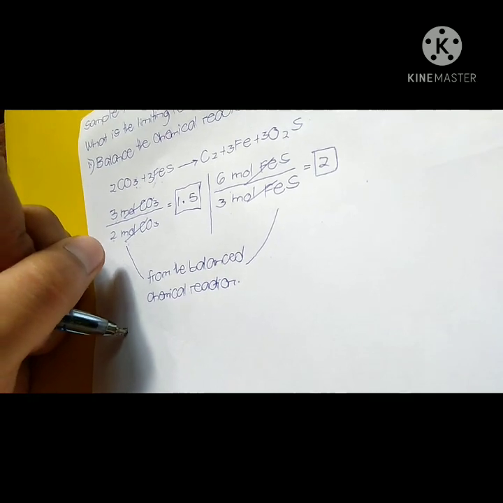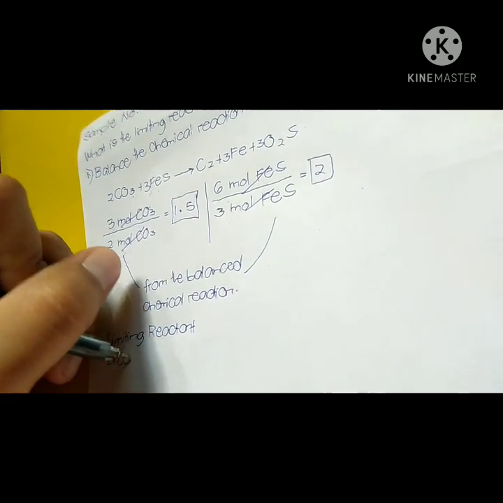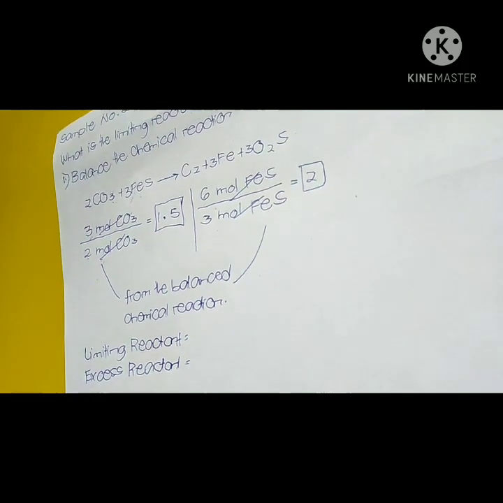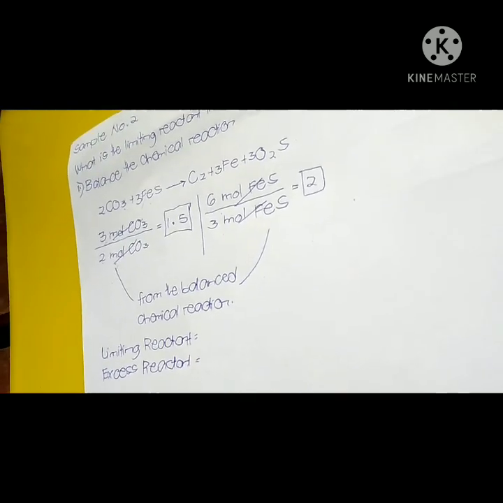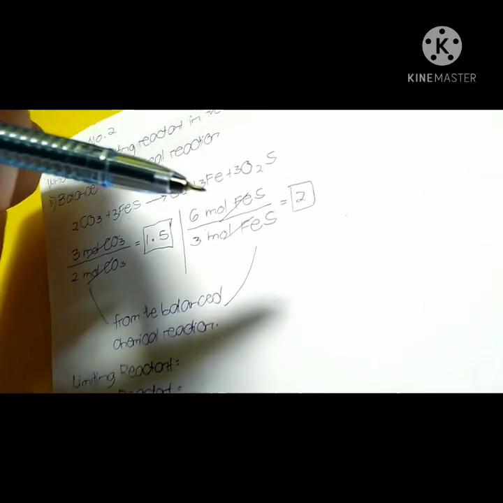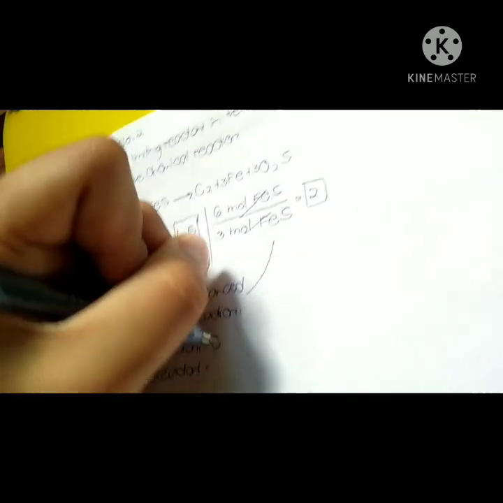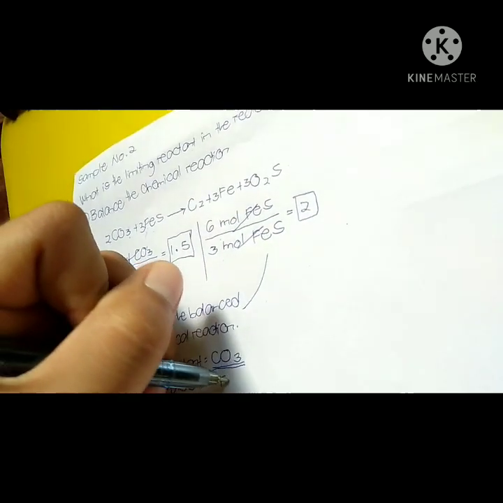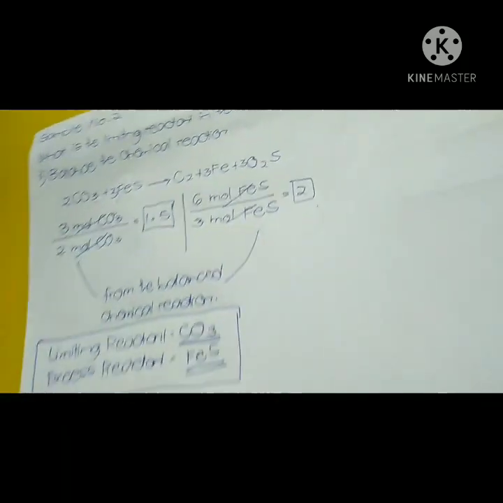The smaller quotient is CO2, since it is only 1.5. FeS is the excess reactant. So CO2 is the limiting reactant, and FeS is the excess reactant. So, that's it.